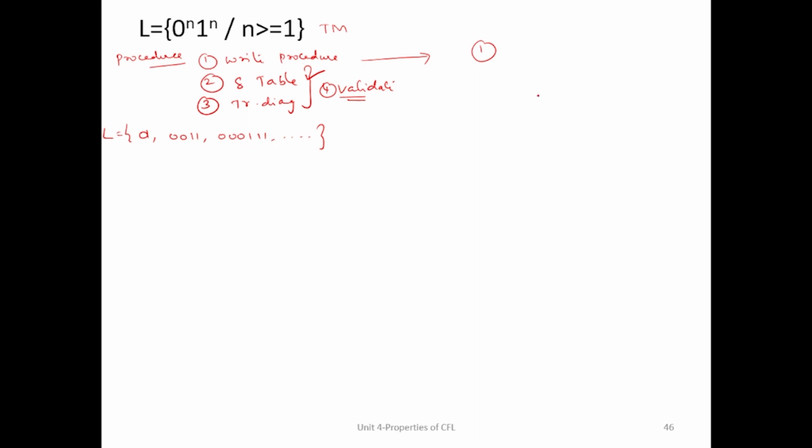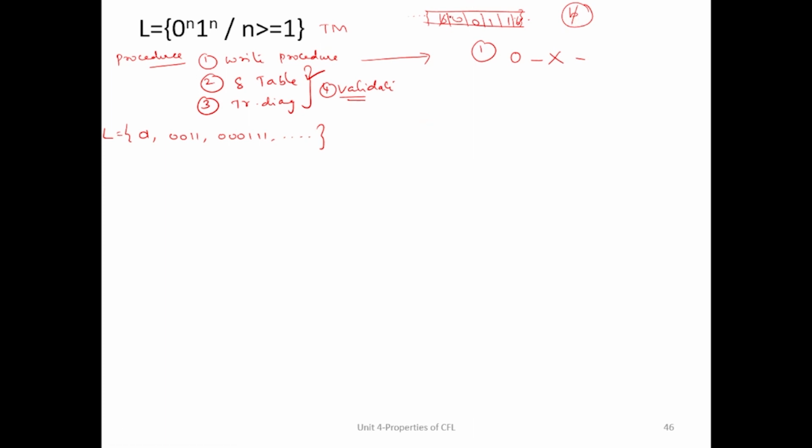If the control head reads 0, I want to replace 0 with the X symbol, because a Turing machine contains an infinite length of tape. In this infinite tape, a few cells are filled with some values, and the other cells are filled with blank space. Here I am using this notation for blank space instead of capital B.